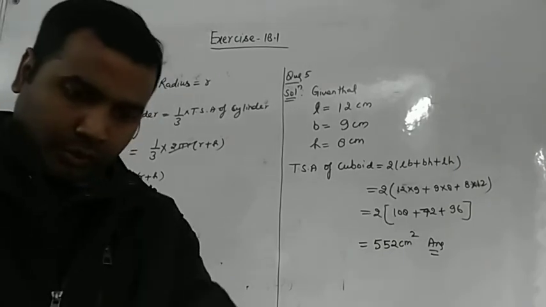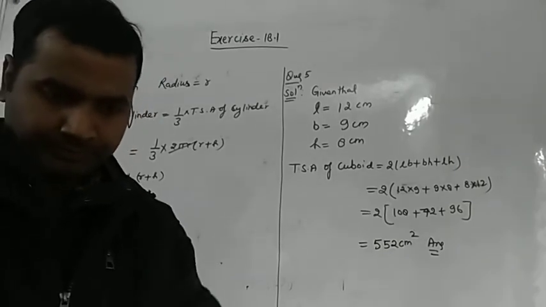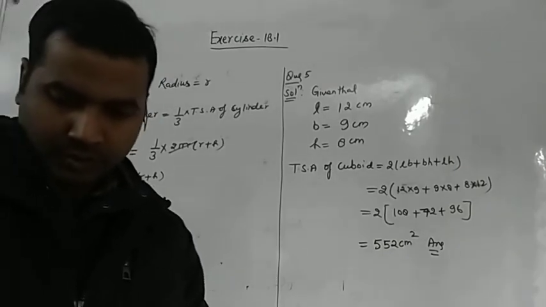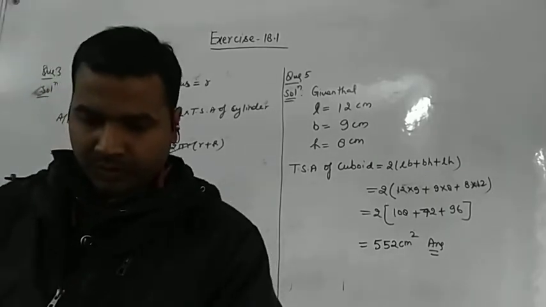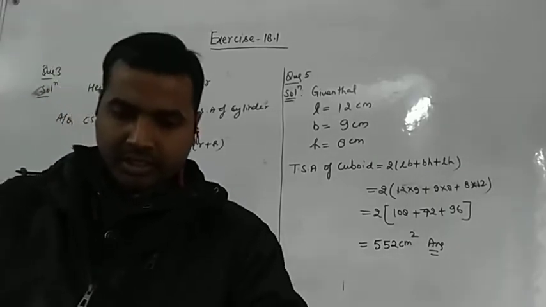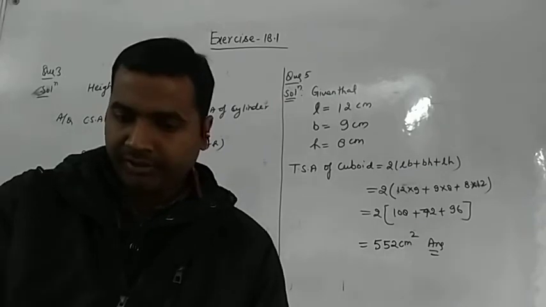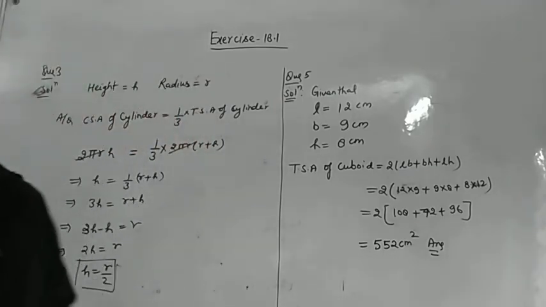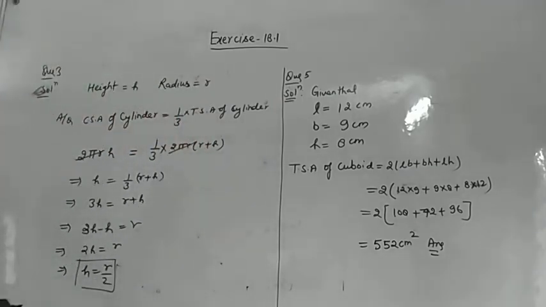Now question number 6. If the length of diagonal of cube is 8√3, then find total surface area.